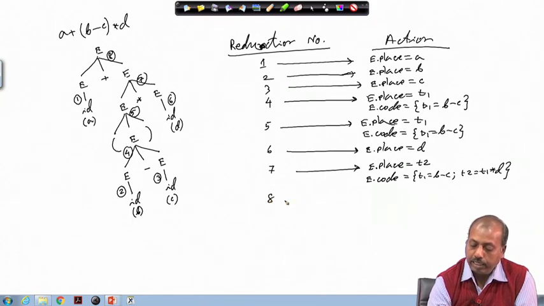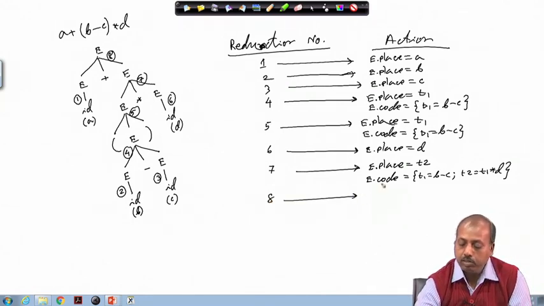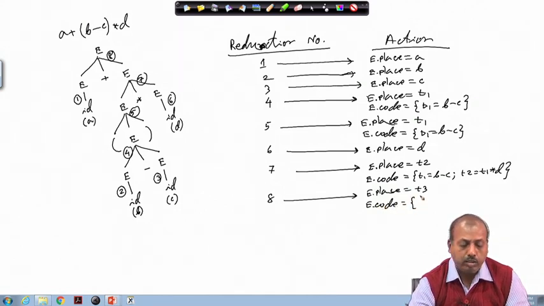Now, reduction number 8, in reduction number 8 it is E plus E. So, a new temporary has to be generated. So, E dot place equal to T3 and then it will have the code like E dot code equal to E1 dot code. E1 dot code is null, for reduction 1 it is null.